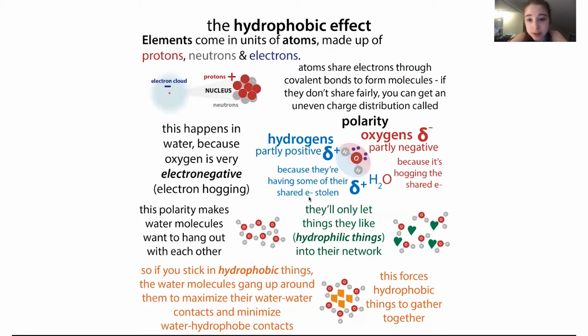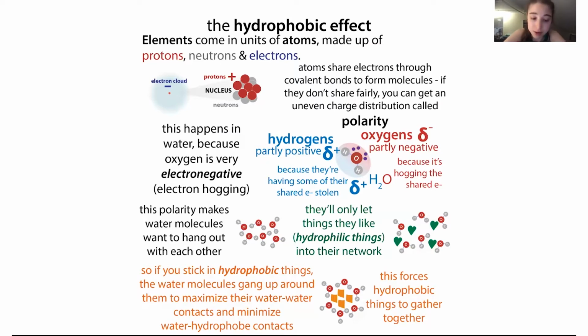The water is going to want to hang out with other waters because it can form all those hydrogen bonds to other waters. And so it's only going to let in other things that can offer it some sort of charge or partial charge that it can form some sort of attraction to. We call these things hydrophilic, and the things that offer it nothing we call hydrophobic, and they're going to be clumped up together.